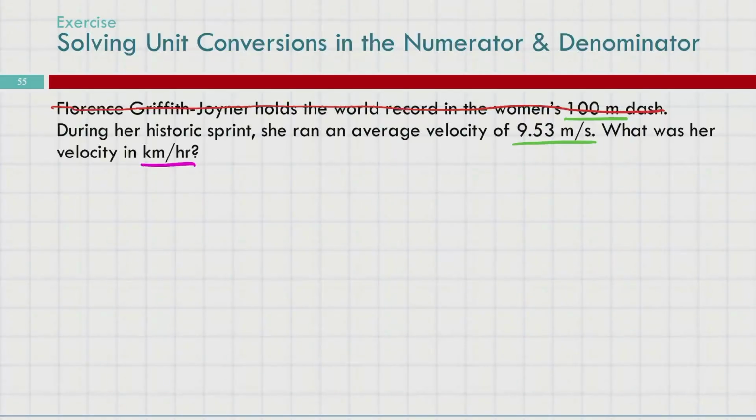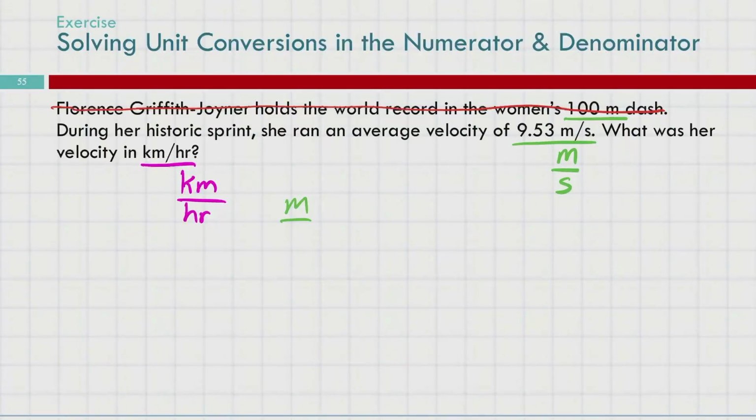So we're going to be starting with this 9.53 meters per second, converting to kilometers per hour. This meters/seconds is the same as meters over seconds. It's just how we write it in text format when we're not doing math type. And kilometers per hour is going to be km over HR.